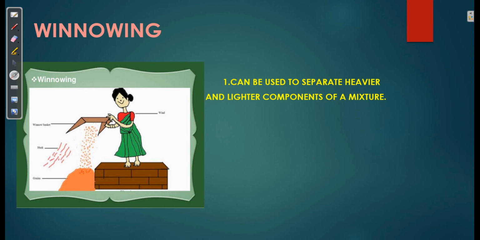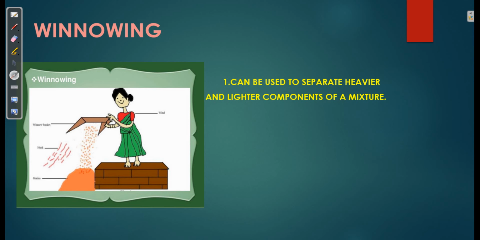For using this winnowing method, the mixture which you have should contain one heavier particle, and another should be a light particle. Imagine if both the grain and husk had the same weight, and when you pour it down, both would fall at the same place. They will not get separated by the wind.